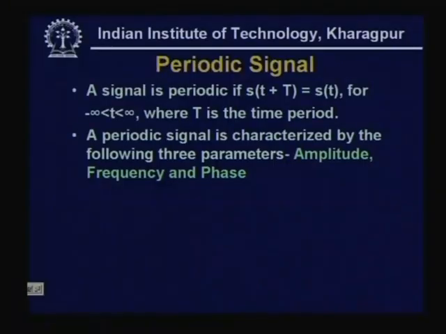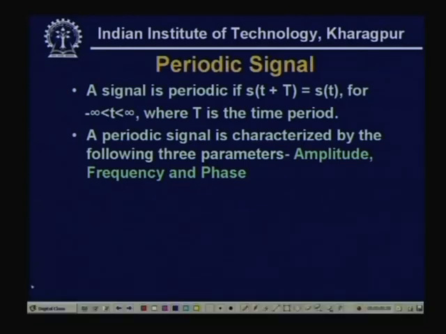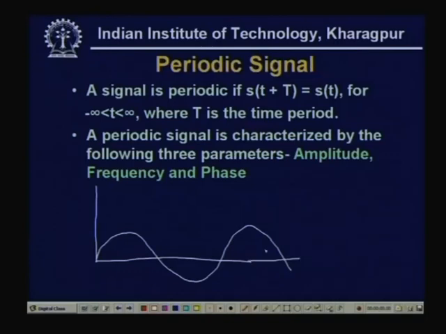Again, the simple analog signals usually are periodic in nature. For example, a sine wave. Let me draw a sine wave. So, this is a sine wave I have drawn.